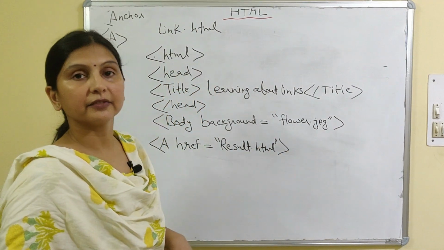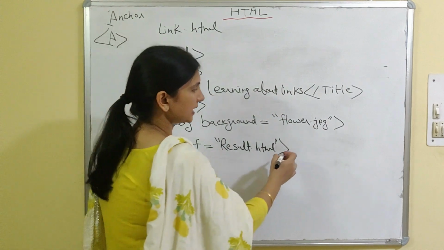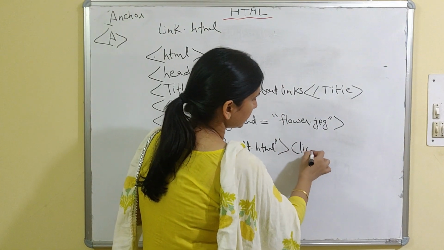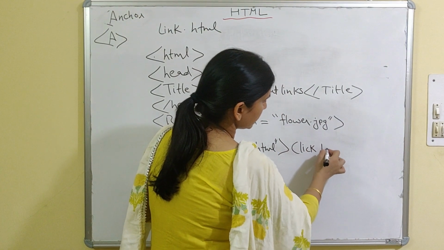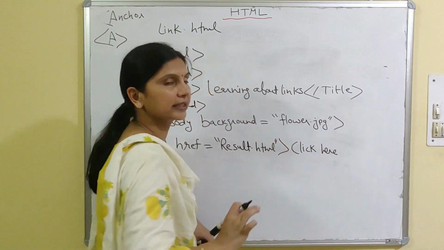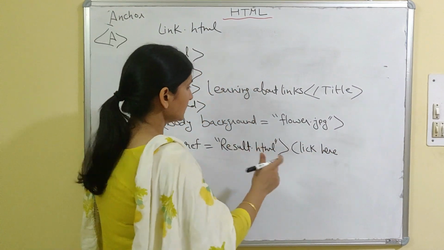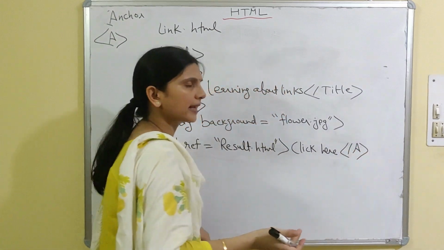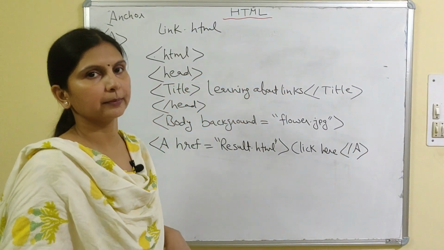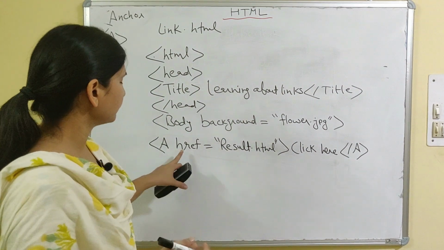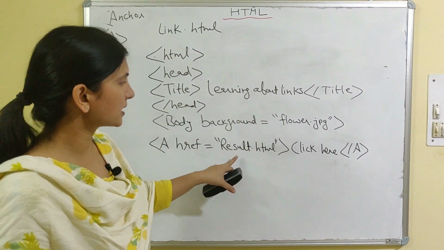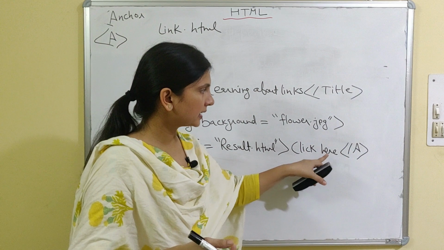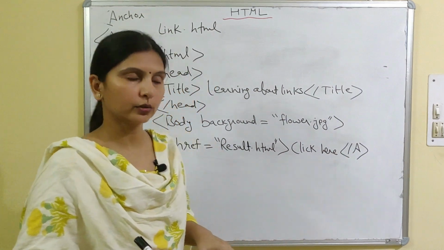Now we give the text of the hyperlink, "click here". Then I close the anchor tag. The A tag you can write in small or capital, both will work. A href equals result.html, click here, then A close.